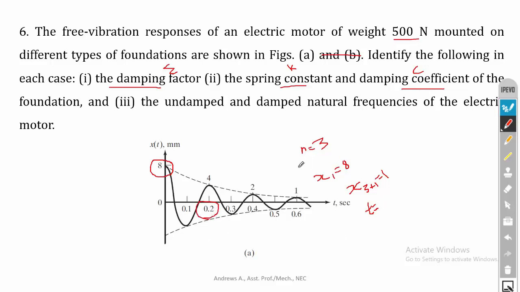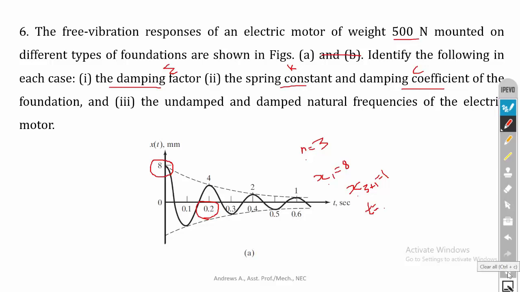From this graph we have taken the number of cycles, the amplitude at the first cycle, the amplitude at the end of the third cycle, and the time. With these data we can calculate the damping factor by calculating the logarithmic decrement. Then from the damping factor you can calculate the damping coefficient, the damped natural frequency and the undamped natural frequency.